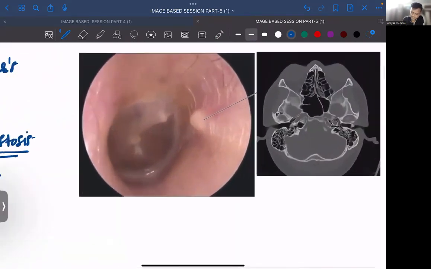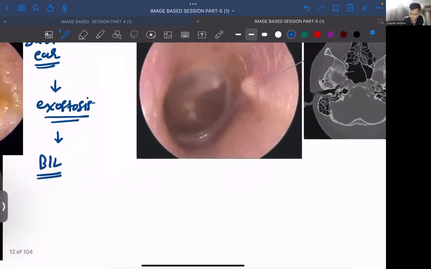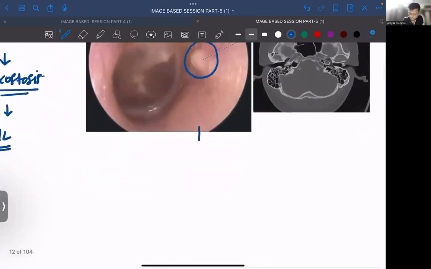Then there is one more image. Remember, if you are seeing a bony outgrowth that is single and unilateral, it is called osteoma.